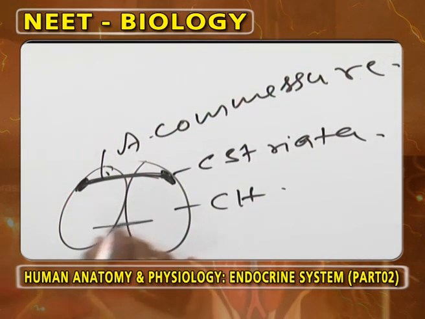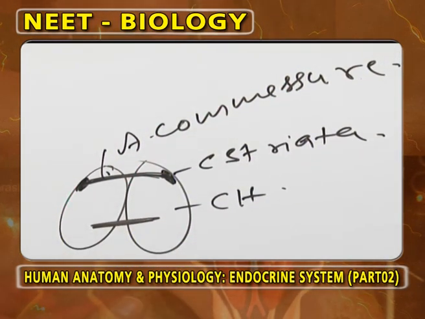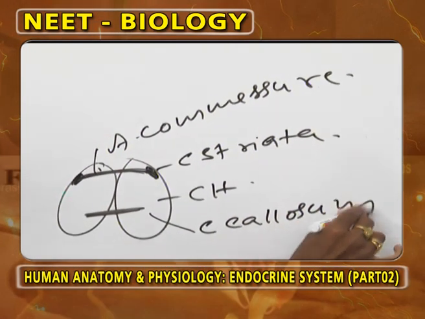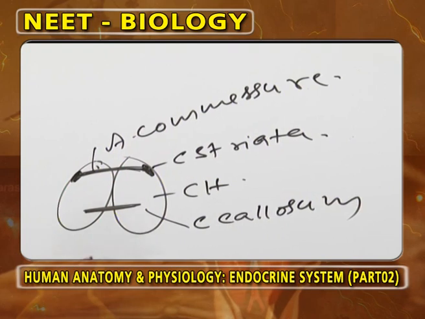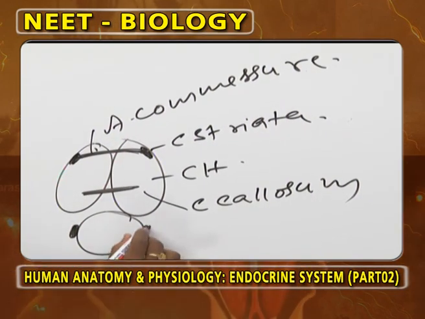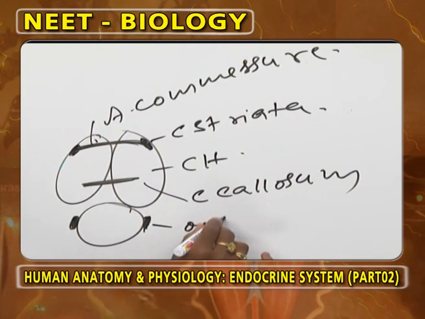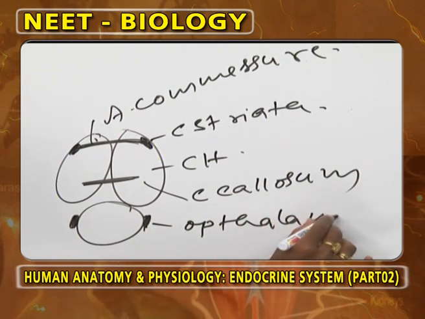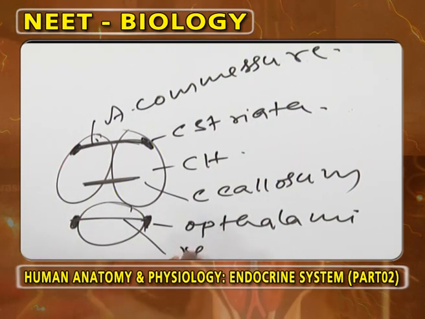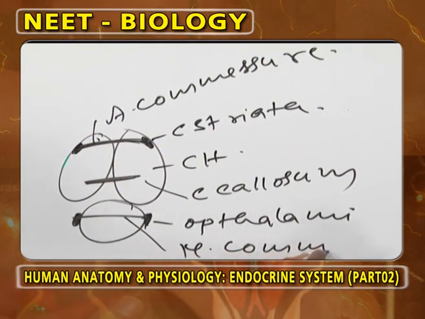Now the cerebral hemispheres are connected by the corpus callosum. And next, as we observe the diencephalon, these are called the optic thalami. The optic thalami are connected by the median commissure.